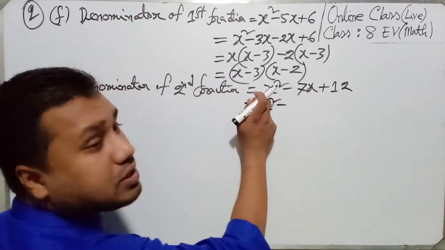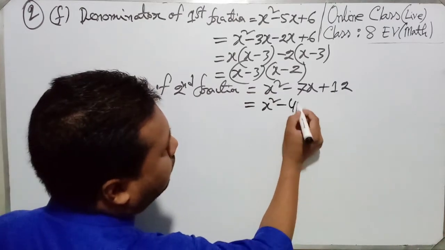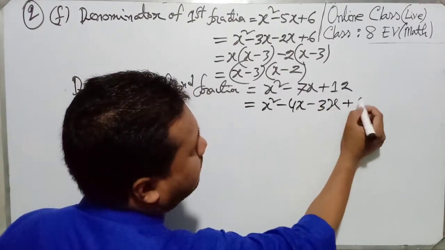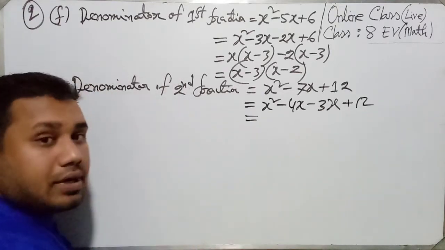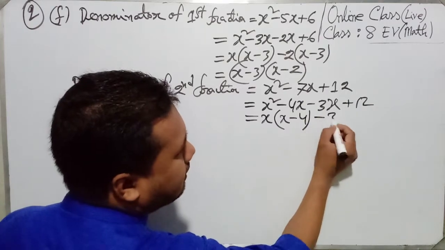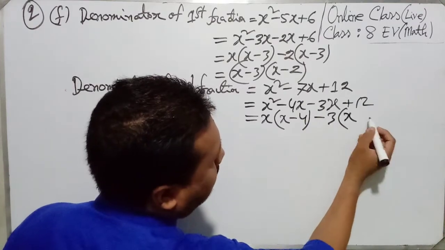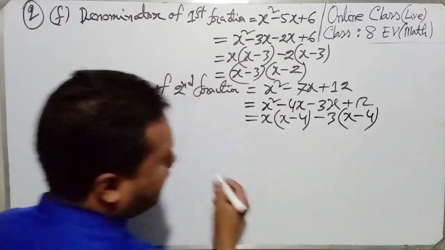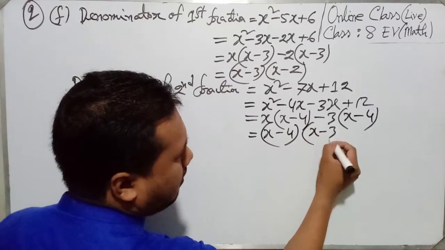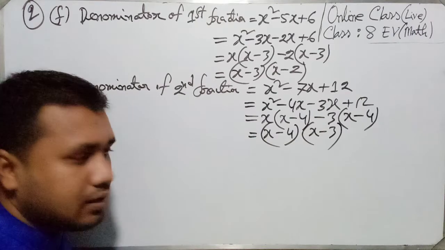Now this is positive, so we have to take 4x and 3x, their product 12. You know how to factorize. Now x minus 4, if minus 3 is common, then it will also be minus 4. So x minus 4, another one x minus 3.